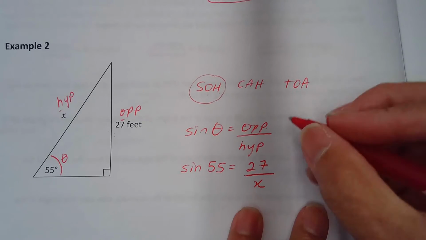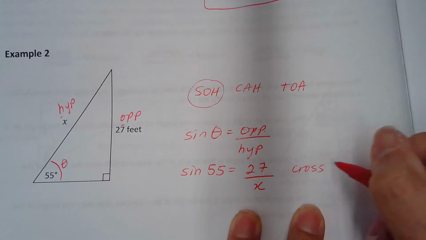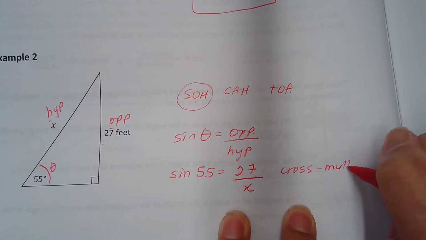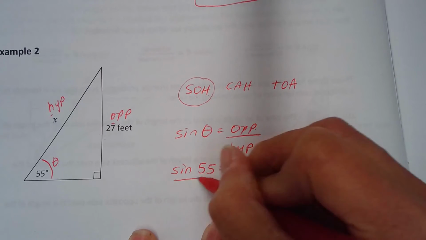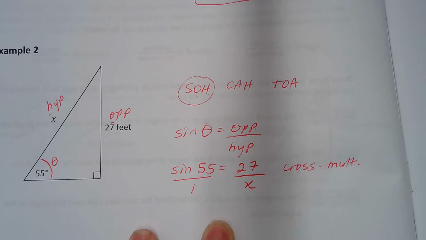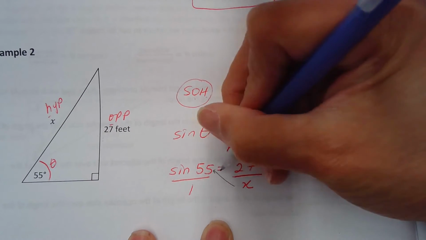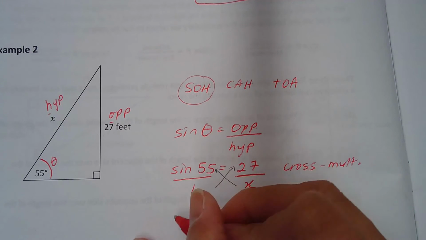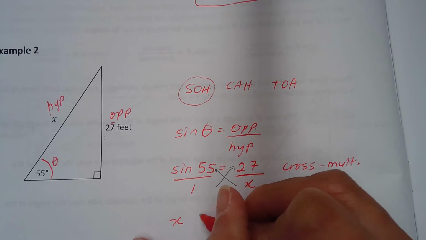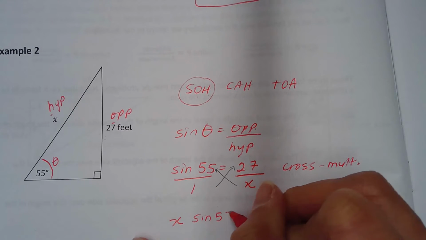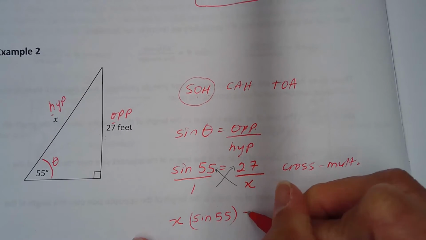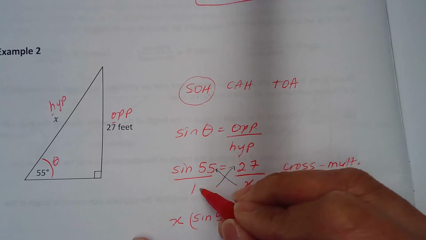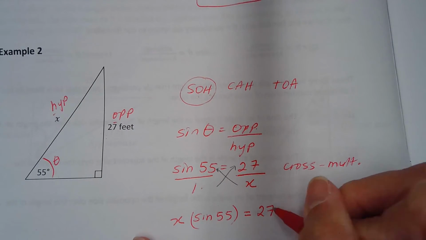We're going to cross multiply. When we cross multiply, x times sine of 55 equals 1 times 27, which is 27.